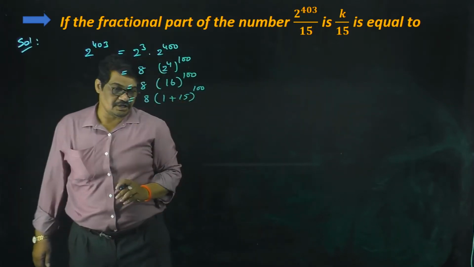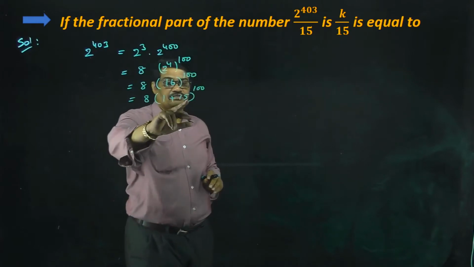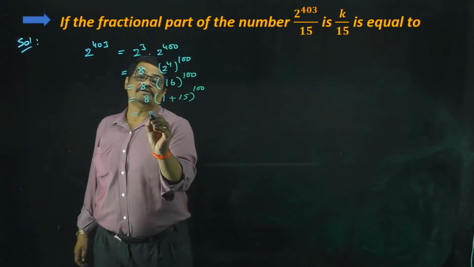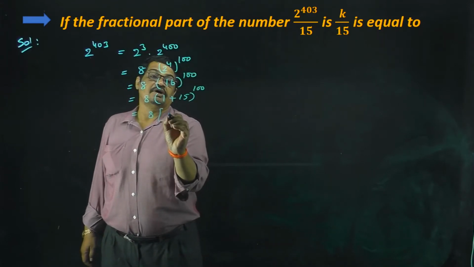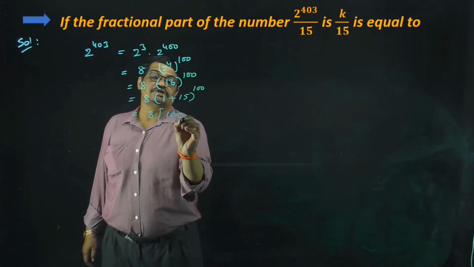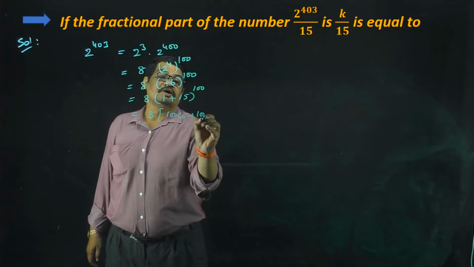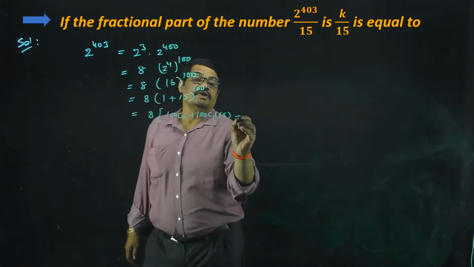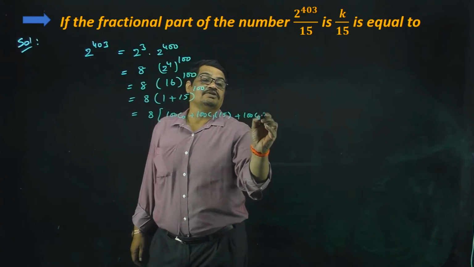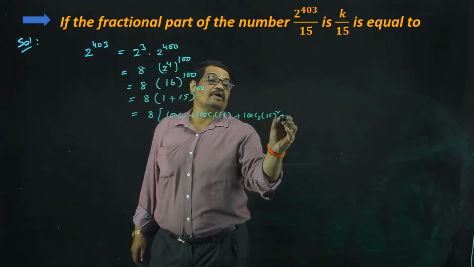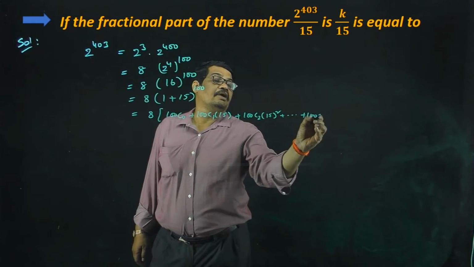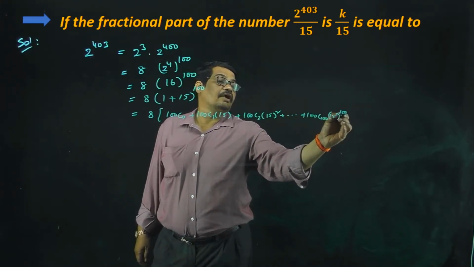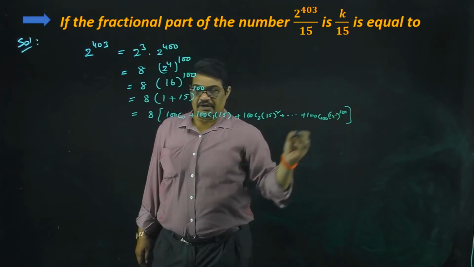Now we write the expansion: 100 C0 plus 100 C1 into 15 plus 100 C2 15 square and so on, 100 C 100 15 to the power of 100. So this is the expansion.